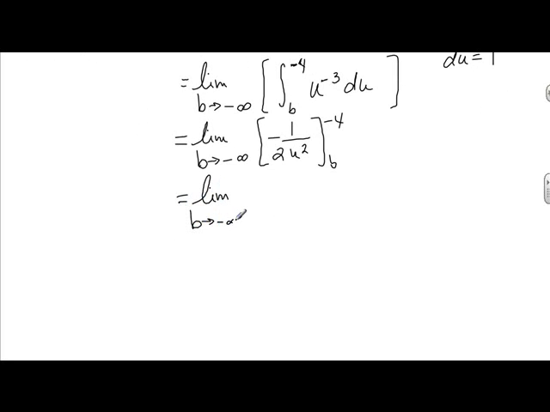That can't just disappear and then show back up again at the bottom when you're ready to use it. Replacing u with x plus 3. Now we're ready to substitute negative 4 and b in that antiderivative.